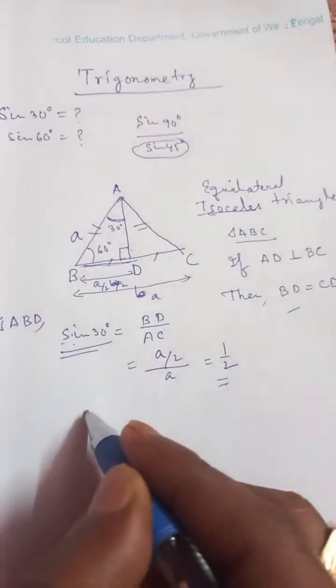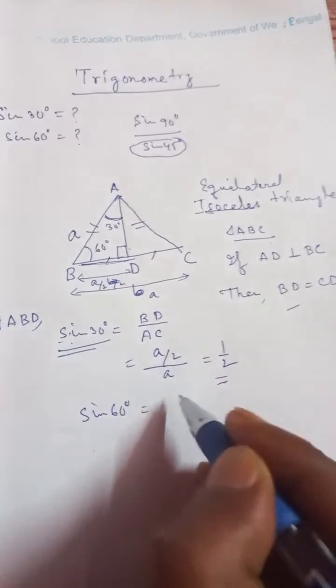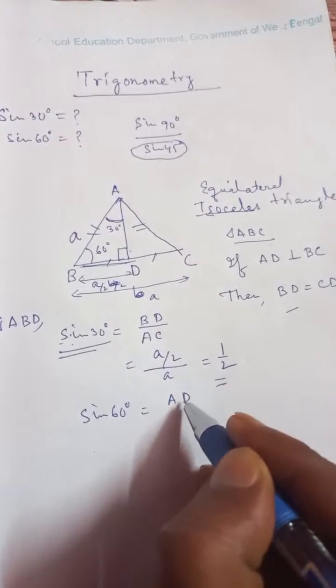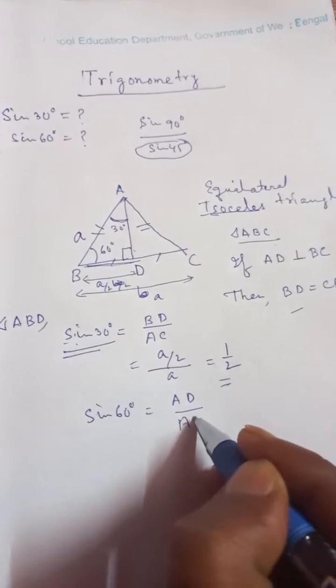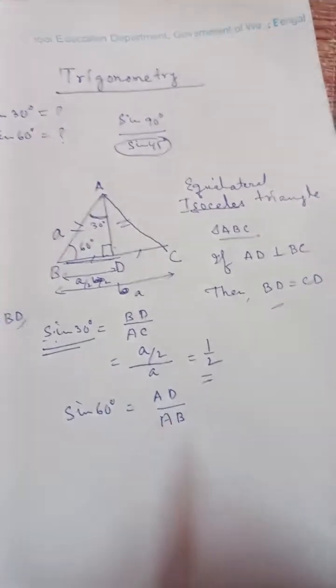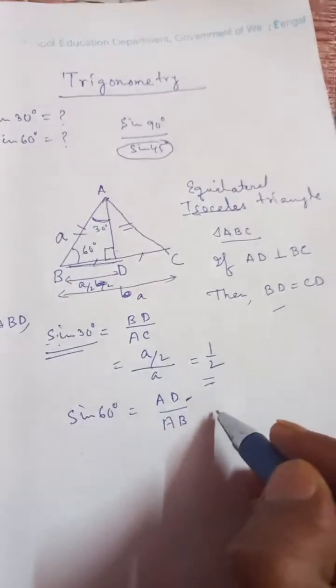Now for sine 60 degree, which is AD by AB. Here we do not know the value of AD.